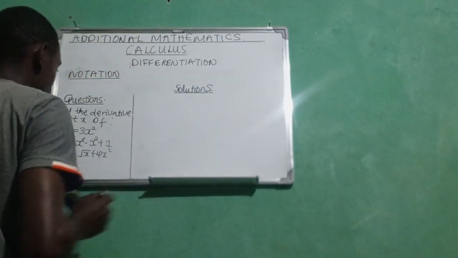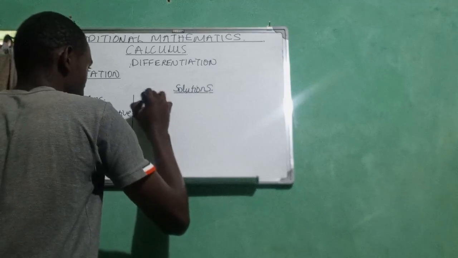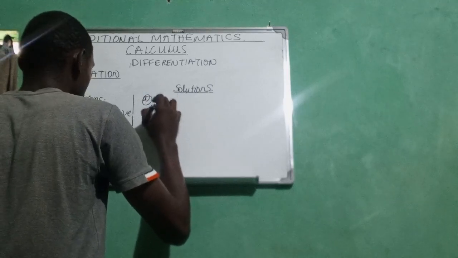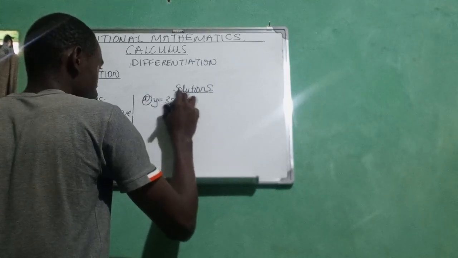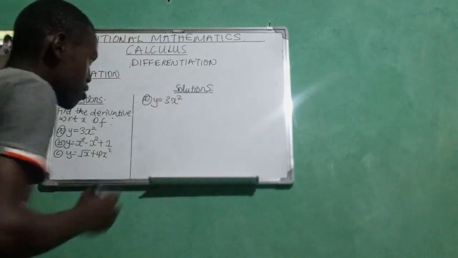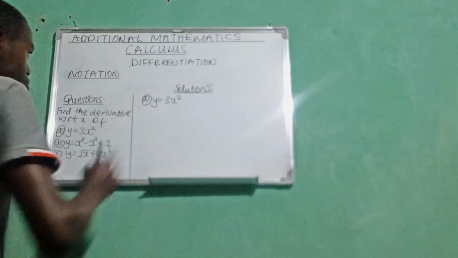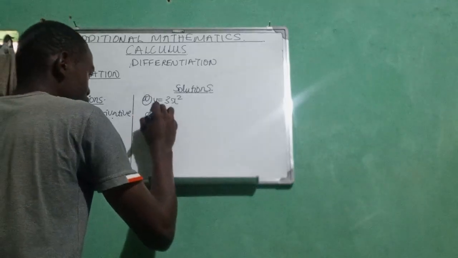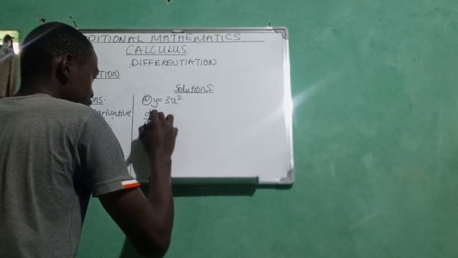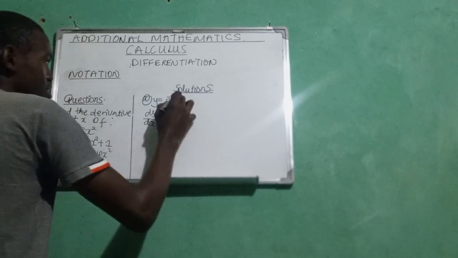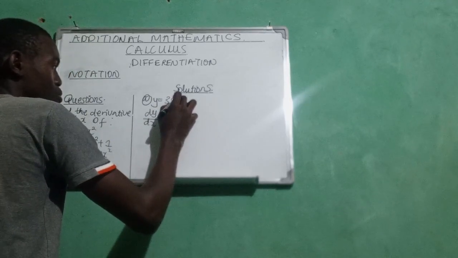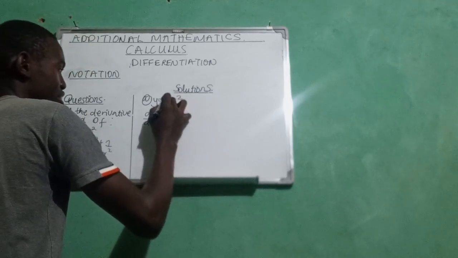So question A, y is equal to 3x squared, and you want us to find the derivative of that with respect to x. We always say dy dx is equal to this number here, 2, you multiply by 3.